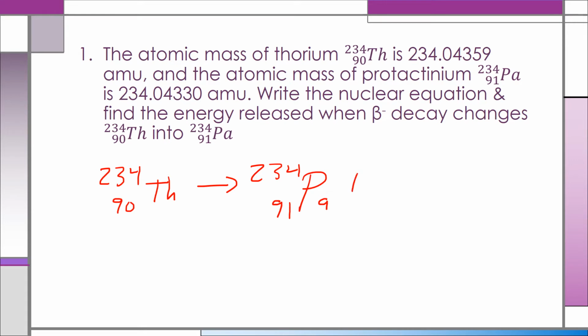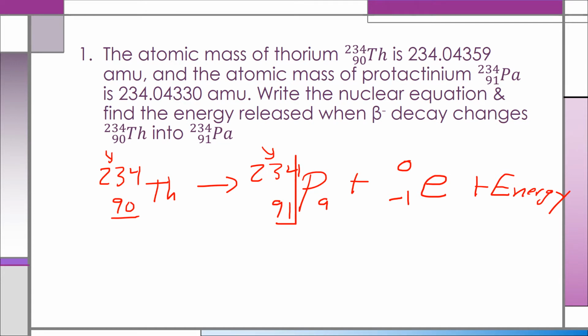And to make all of this balanced, we've got the right number of nucleons already, so I know I'm going to have a 0. And then I've got 90 here, and I've got 91, which means I need a negative 1. So a negative 1 charge means it's going to be an electron. So this is the equation. Again, sometimes we can write plus energy. We don't usually write that when we're just writing down the nuclear equation, but because we're asking for the energy right now, we're going to write it down.